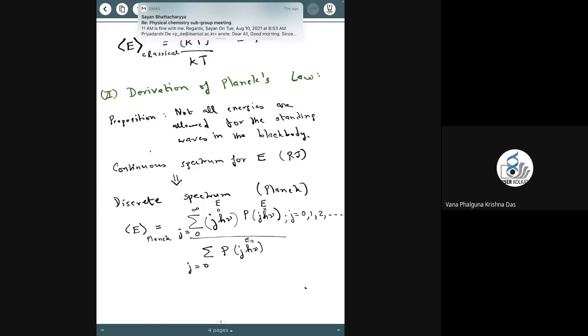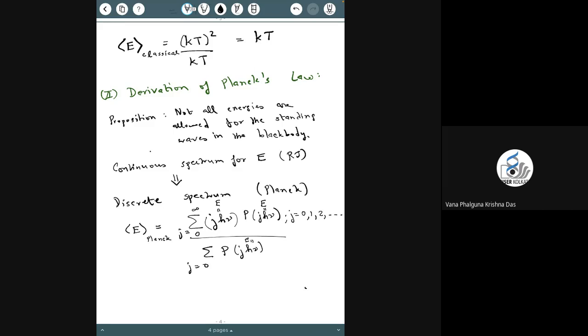So this is the distribution function for every possible energy. So does that mean the probability of existence of that energy? This tells you how many modes of that energy there are in the black body. Okay, well, yeah, sort of.